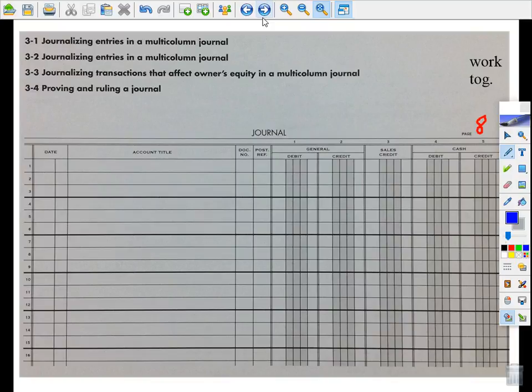Unfortunately, the information that's given on that partial worksheet on page 159 is going to be needed for your journal entries on the other side of that page, 160. So you are going to have to flip back and forth between the two.